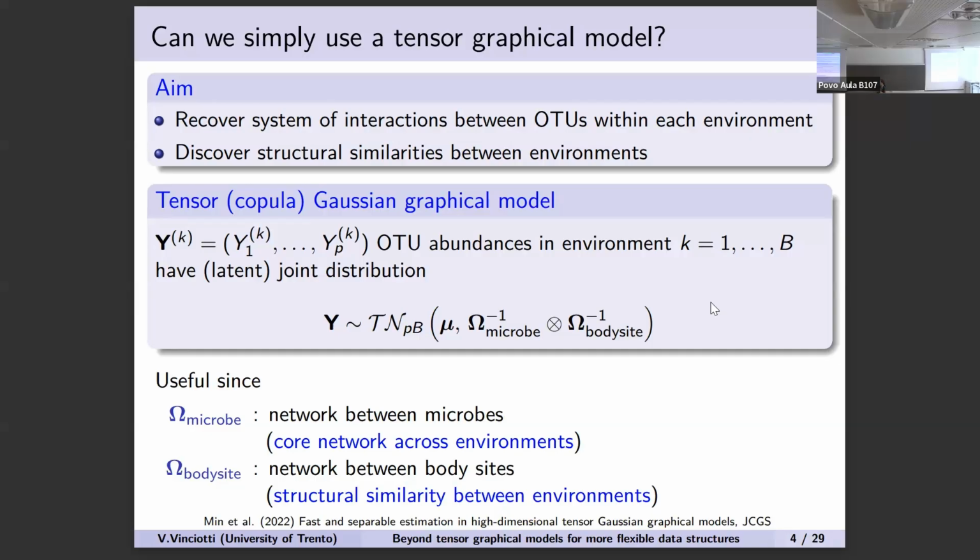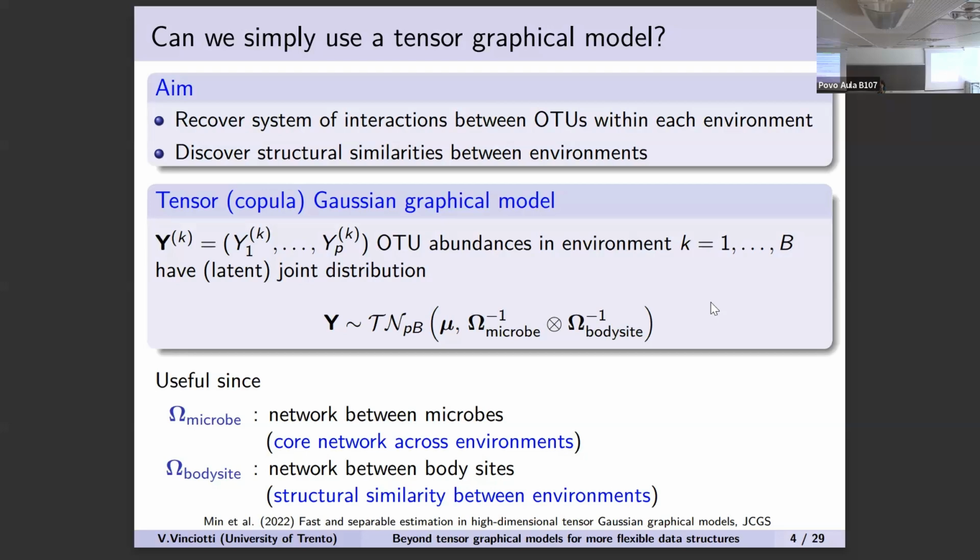So this is quite a strong assumption as well. If you have a zero in this matrix between two microbes, they are not related, and they will not be related in any of the body sites, saliva, throat, and so on. I mean, we expect some similarities and some differences. So this seems to be quite strong.